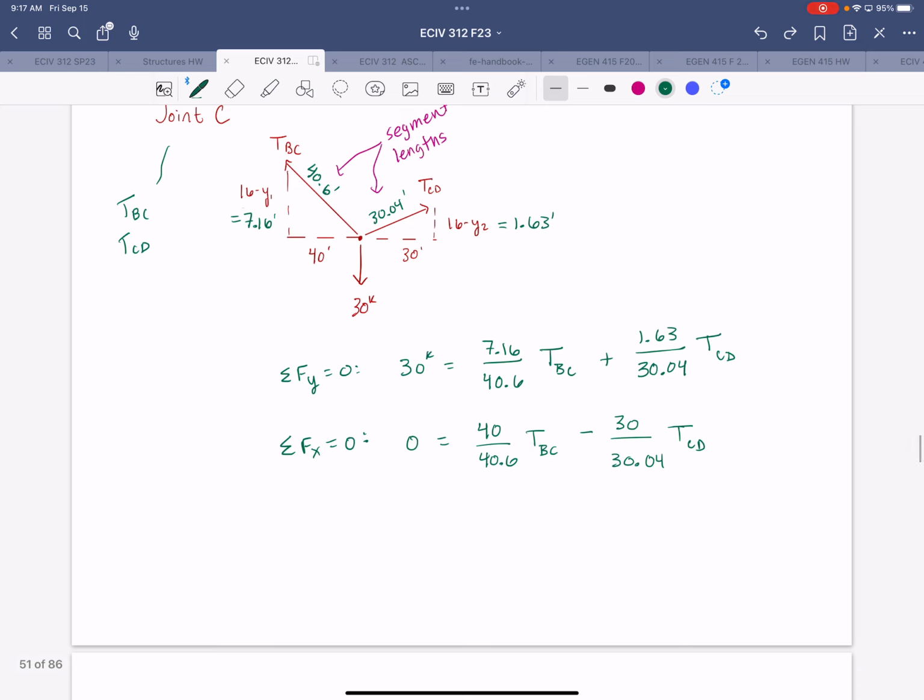And so solving those, we would get TCD of 129 kips and TBC of 131 kips.